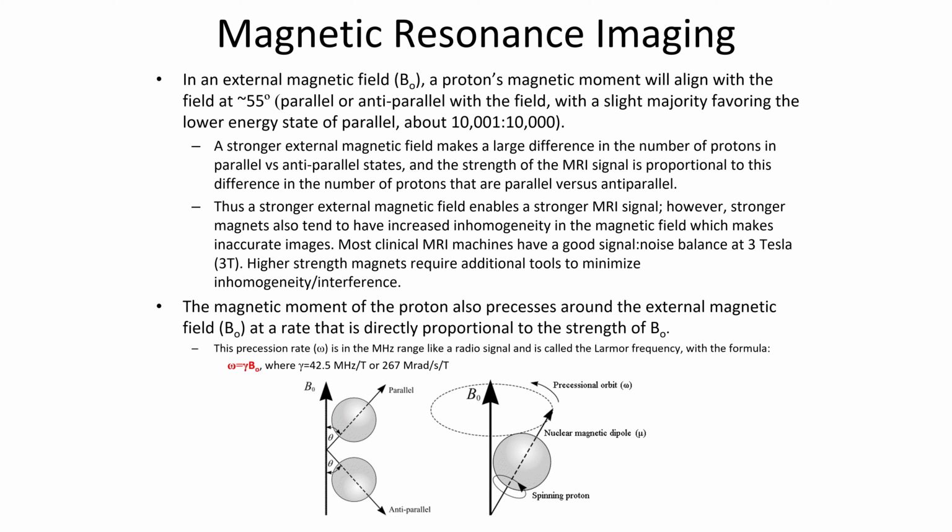But like I said, the precession rate will be directly proportional to the strength of the magnetic field. So you can do these really easy calculations where the precession rate, omega, will be given by gamma, this constant gamma, times B naught. The constant gamma is called the Larmor frequency, and this makes a really easy calculation.